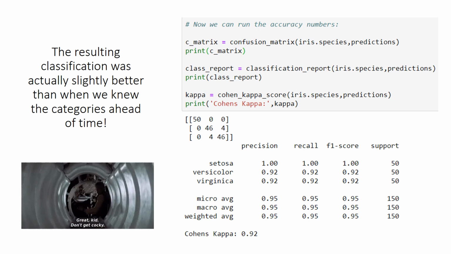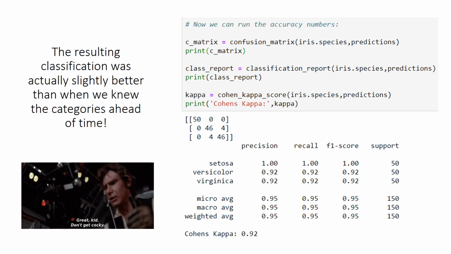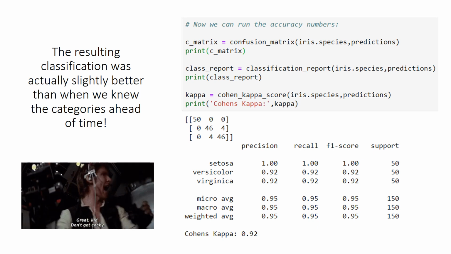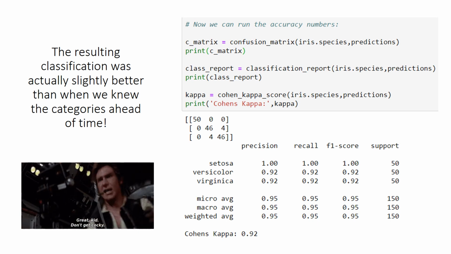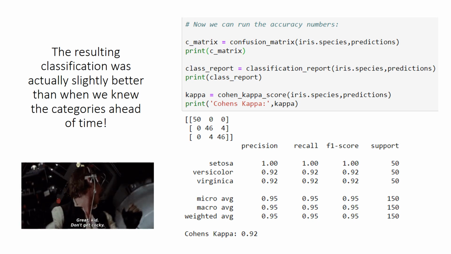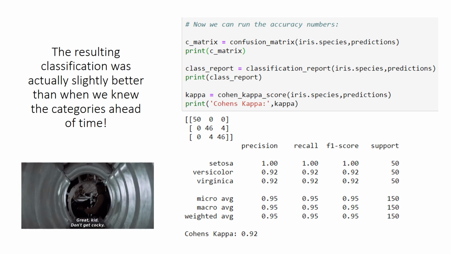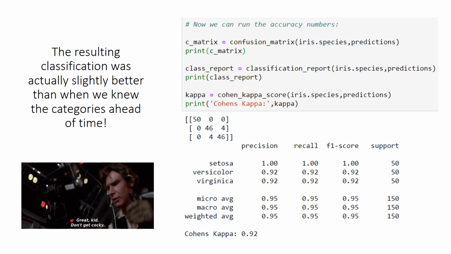So these are the official numbers coming out. So the confusion matrix, we found the setosas were all easily found, right? Those are relatively well segregated in the scatter plot, so it's not too surprising that the computer did a good job.